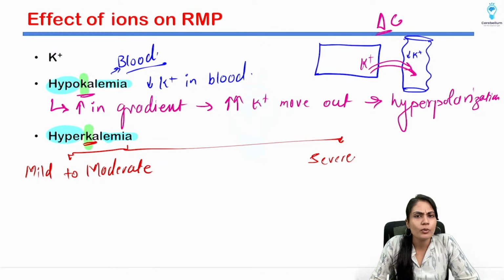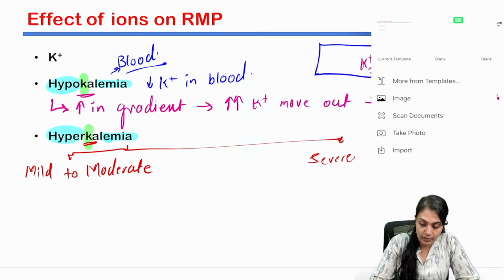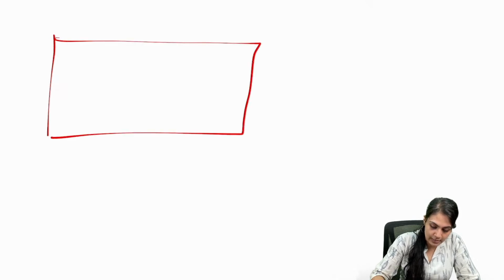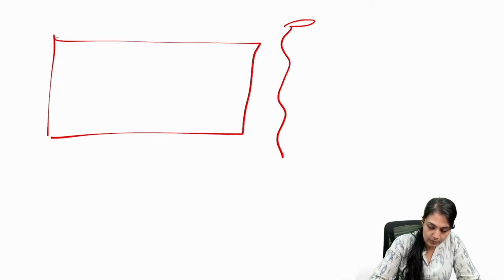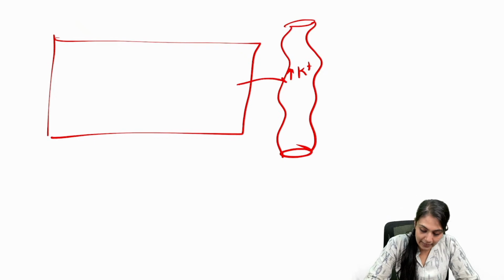In the mild to moderate, what is going to happen? The same thing that you have thought till now. Hyperkalemia, suppose this is the cell. Outside there is going to be the blood vessel. The potassium has increased over here. That means there is a less gradient.